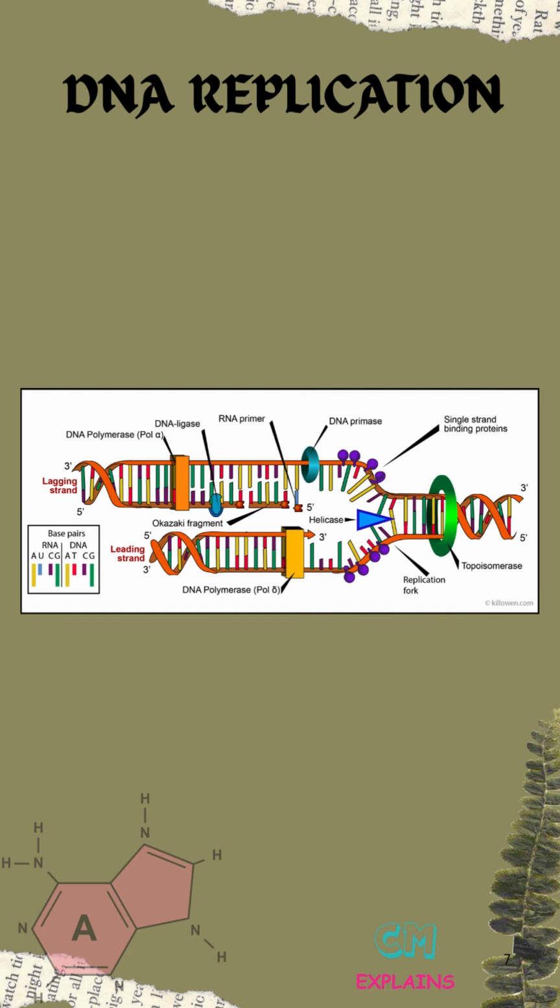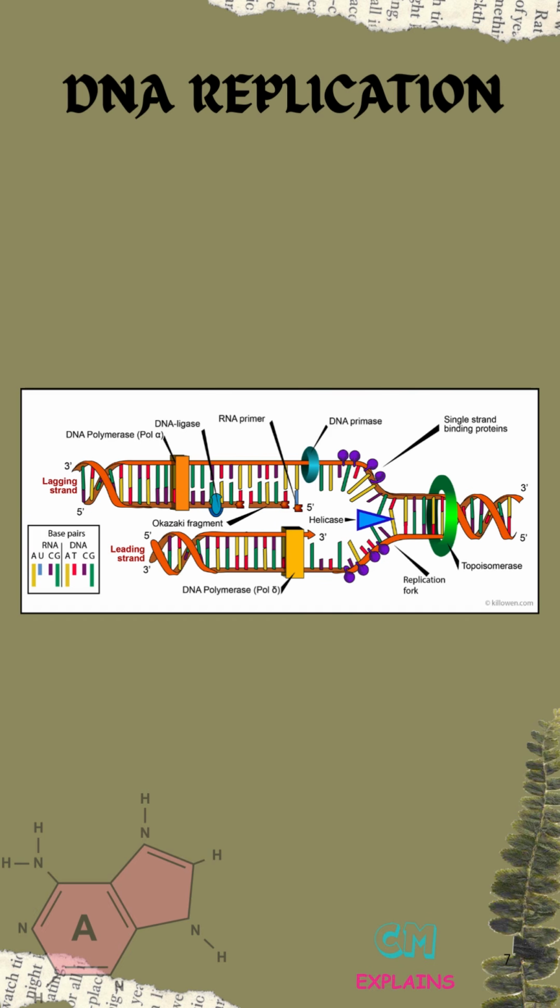Now, the replication fork is the Y shape formed by separating the two DNA strands. In simpler terms, the helicase just unzips the DNA double helix.